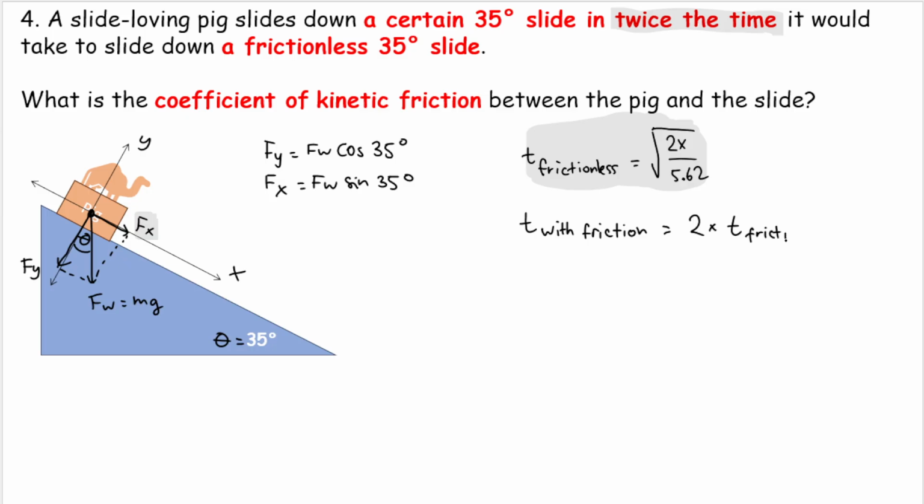Frictionless, and we can just plug that in. So we'll have 2, and then this one will be multiplied by 2x and then divided by 5.62, right? So 5.62, and I think we can just go inside, right?